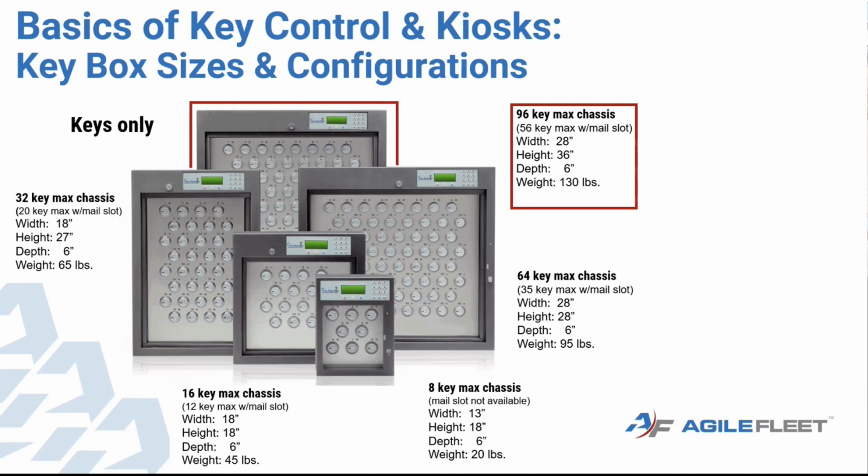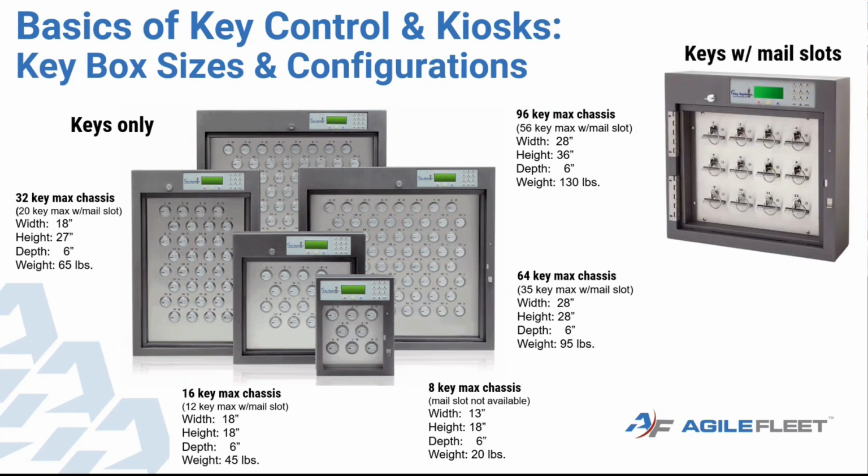In addition to being able to store keys, there is a configuration that we call keys with mail slots. The mail slots allow you to store things like fleet cards or a small wallet of information within the system. It does reduce the overall key capacity of those boxes.